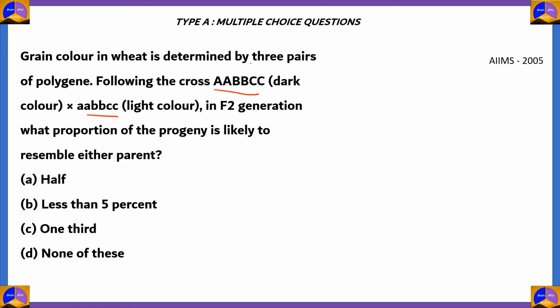So grain color is an example of polygenic inheritance. And so in polygenic inheritance, there are various types of phenotypes and genotypes.